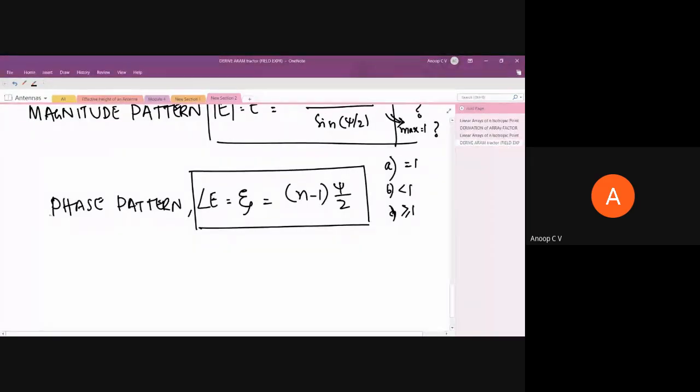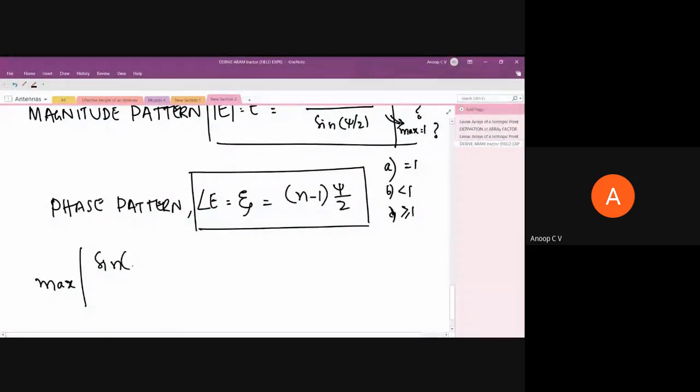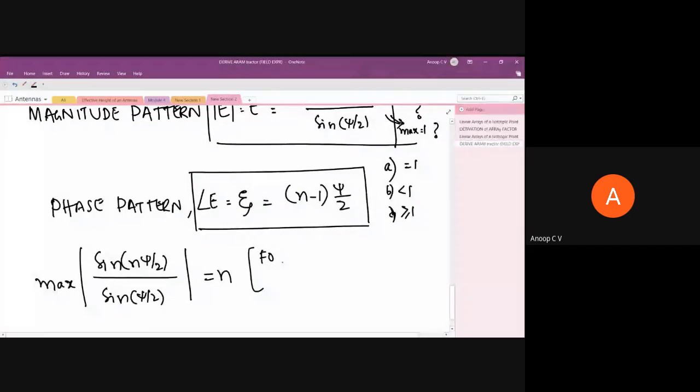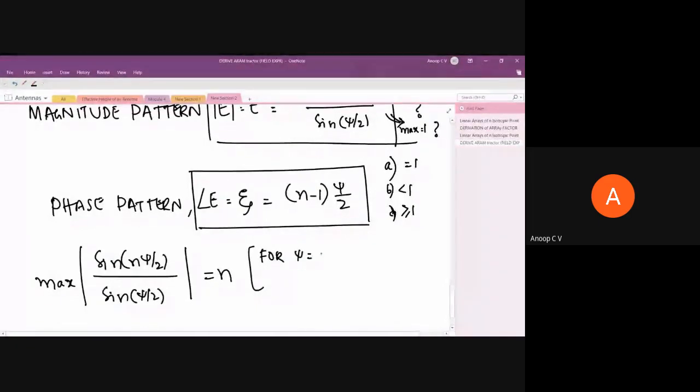So the maximum of mode of sine n psi by 2 divided by sine psi by 2 will be equal to n, right? And this will happen for psi is equal to 0.